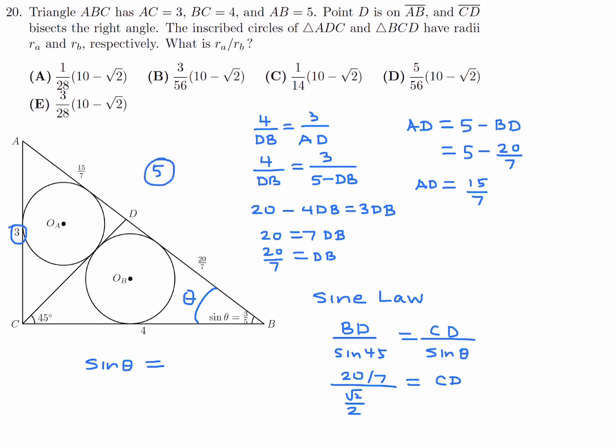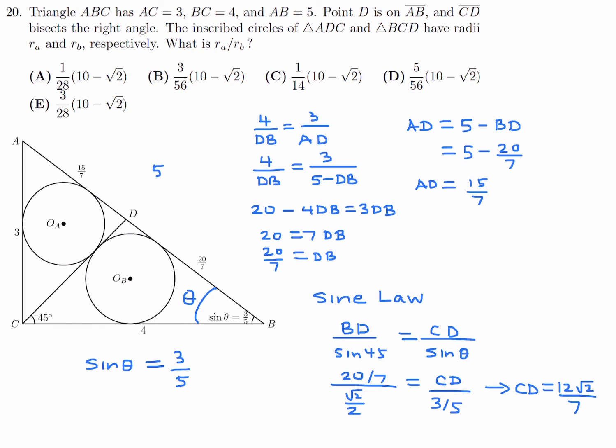The opposite is 3, and the hypotenuse is 5. So sine of theta is 3 over 5. And if you solve for this, you will get CD is equal to 12 root 2 over 7.